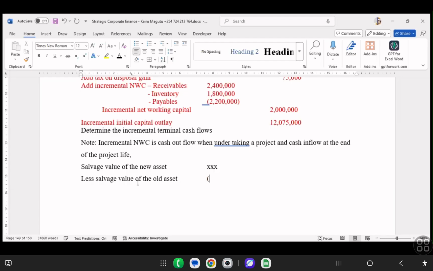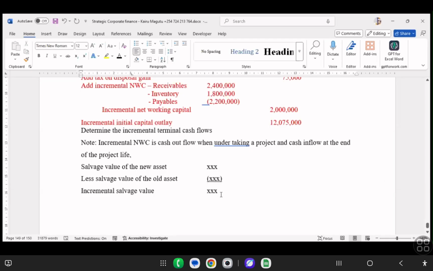This one, you get the difference. This is incremental salvage value, the salvage value at the end.